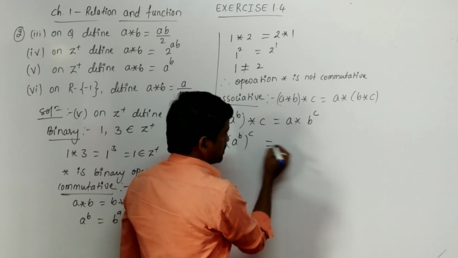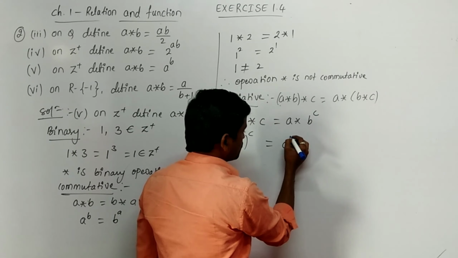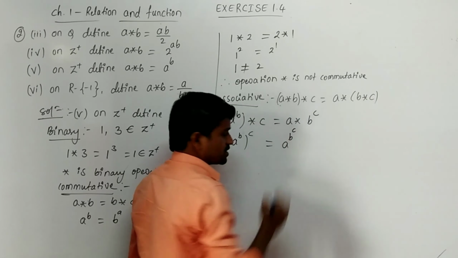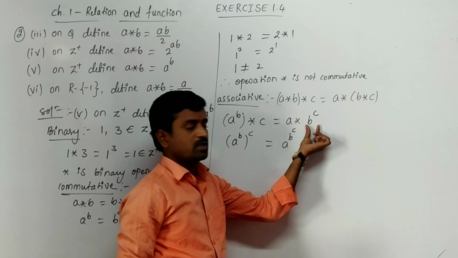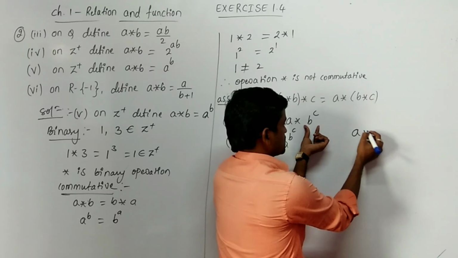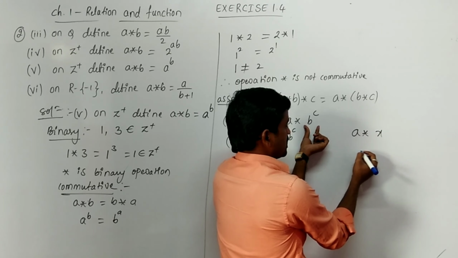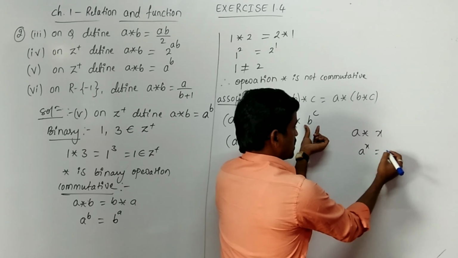On the other side, take B to the power of C as X. A star X is A to the power of X. X is B to the power of C, substitute here.